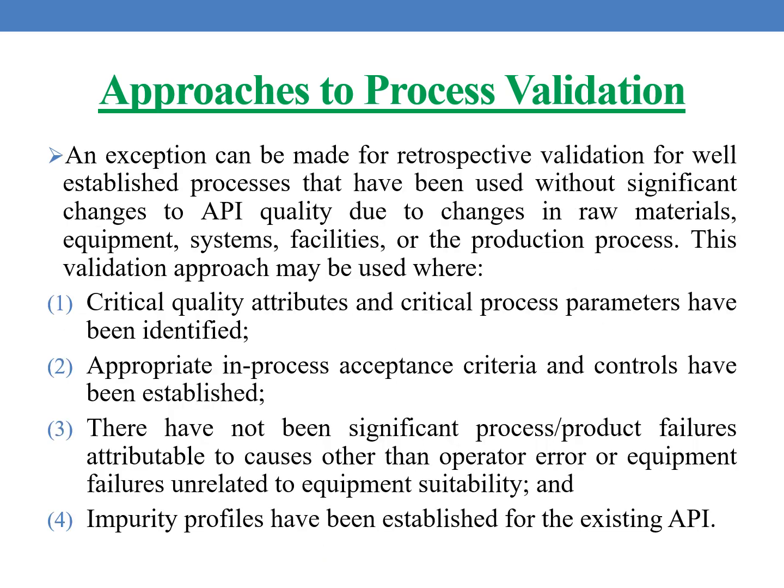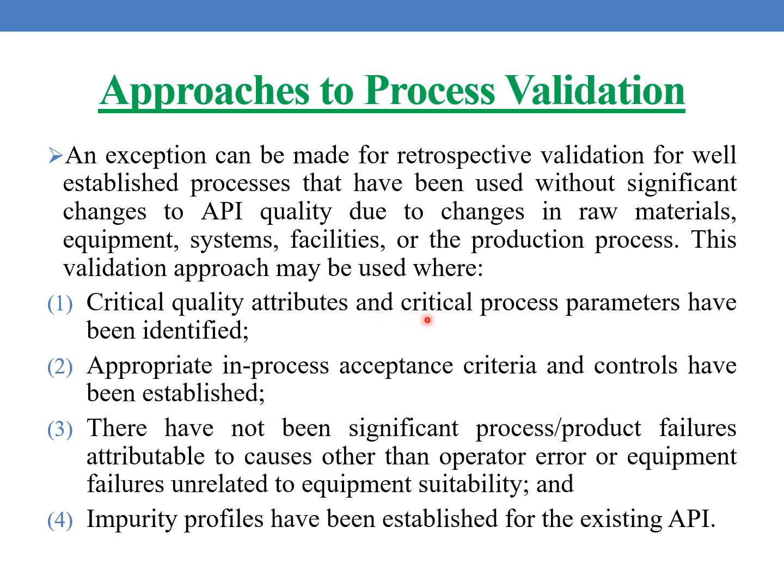An exception can be made for retrospective validation for well-established processes that have been used without significant changes to API quality due to changes in the raw material, equipment, system, facilities, or production process.